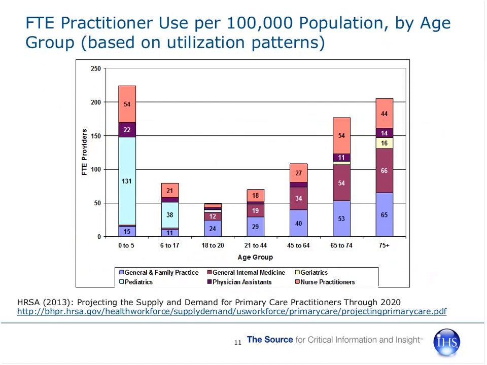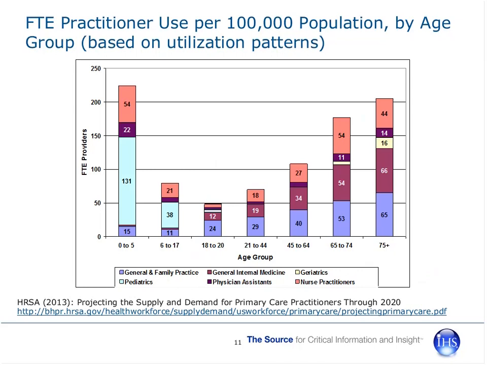So this slide is a combination of the benchmarking approach and the demand-based approach that uses a population approach to modeling. This is a chart that my colleagues and I put together for the primary care report that HRSA published last year. What you can see here is for the population age 0 to 5, they currently use about 225 full-time equivalent primary care practitioners per 100,000 population.